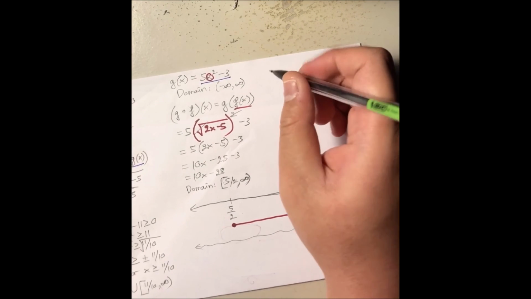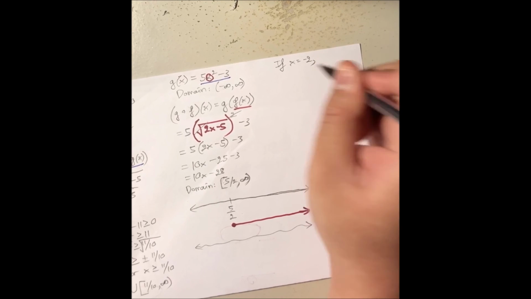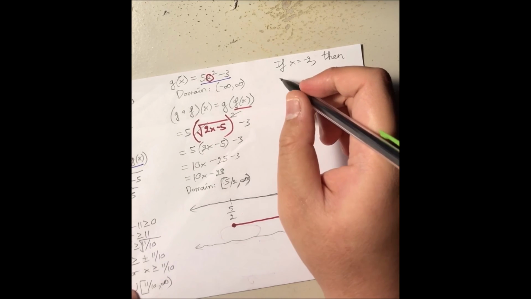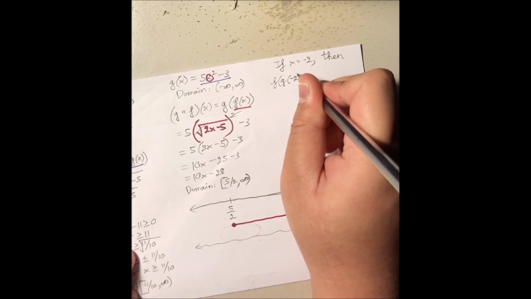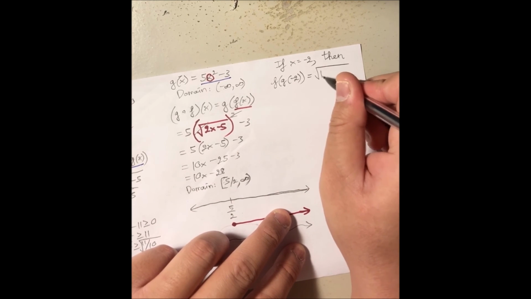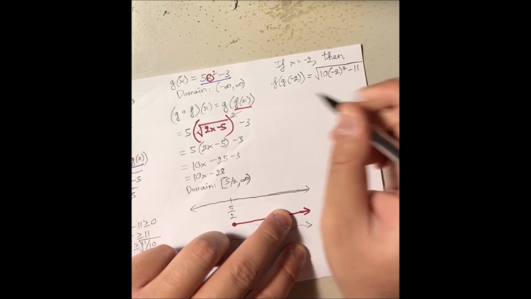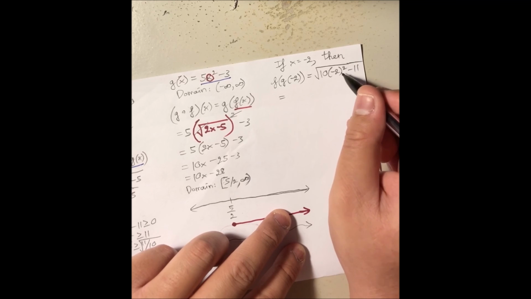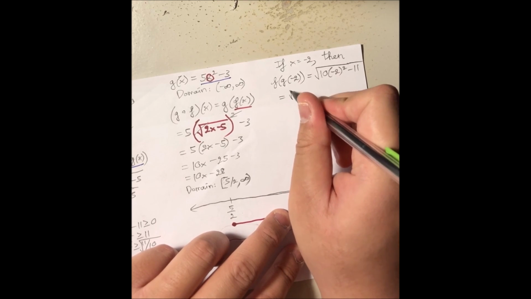Now, lastly, if x is equal to -2, then what? Then we are going to have f of g of -2, which is equal to the square root of 10 times -2 squared minus 11. Well, let's see, -2 squared is 4, 10 times 4 is 40, 40 minus 11 is going to give us 29.